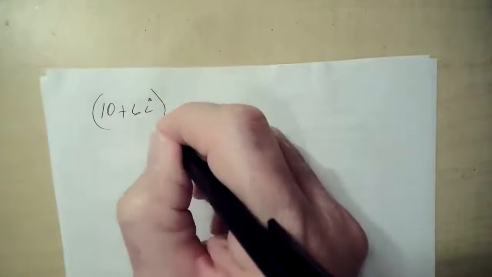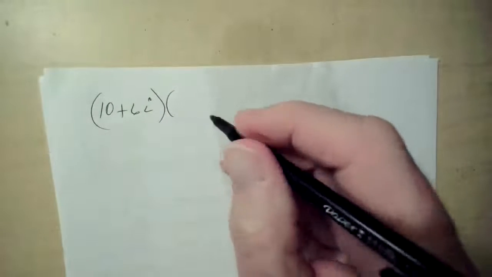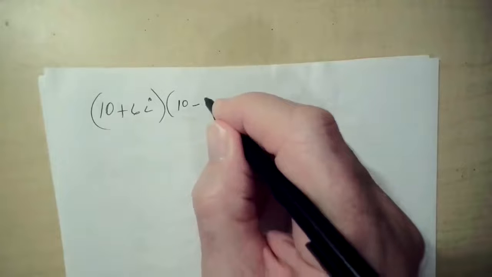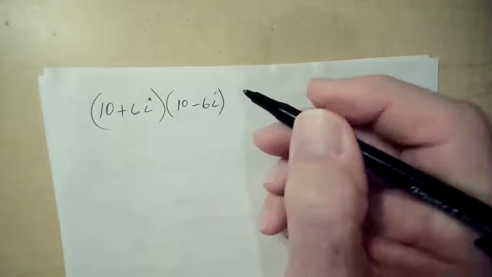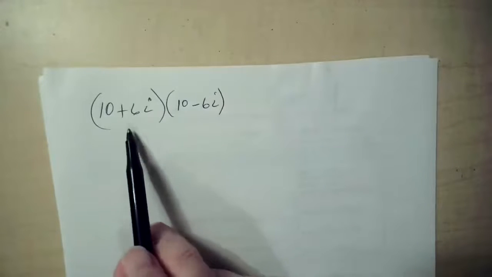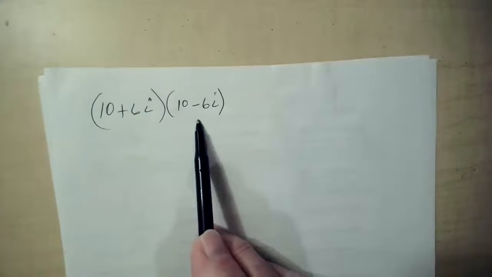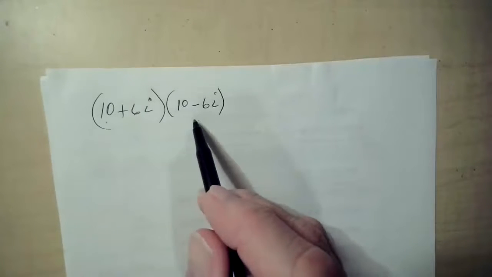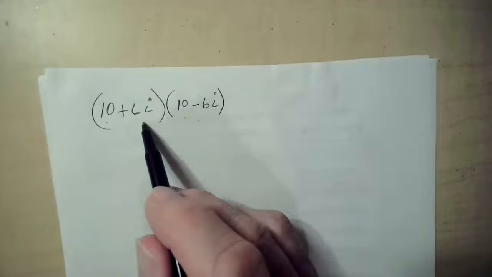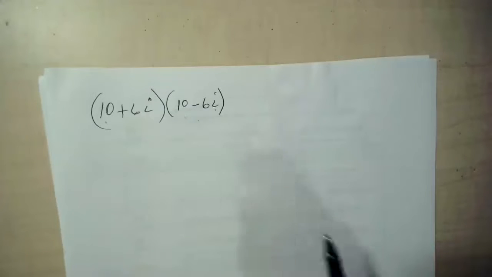Let me do this. (10 + 6i) times (10 - 6i). Okay, you need to look at these things and snap to the fact that they're conjugates. Because you really don't have to do distributive property here.